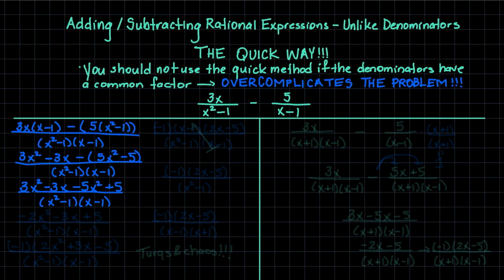Okay, 3x squared minus 5x squared is negative 2x squared. Negative 3x doesn't have anything to combine, nor does positive 5, all over x squared minus 1, x minus 1. Remember, we don't like our leading term negative, so we factor out a negative 1. And that leaves us with 2x squared plus 3x minus 5.